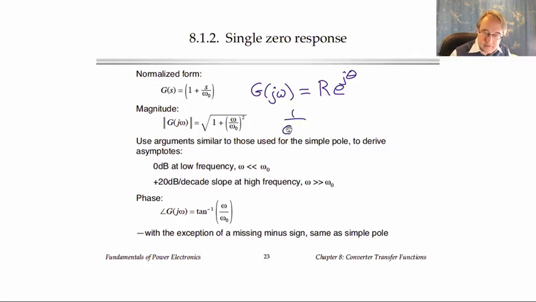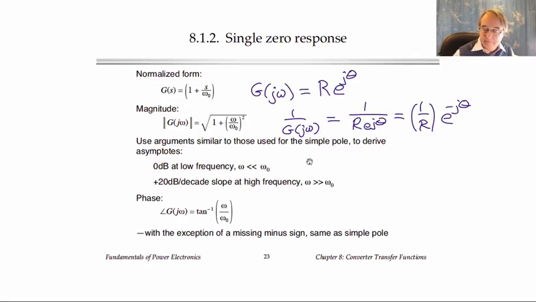Well, 1 over g will be 1 over r e to the j theta, and this has a magnitude of 1 over r, and it has a phase term we can write e to the minus j theta. So the phase of this term is minus theta, or minus the phase of the original g.